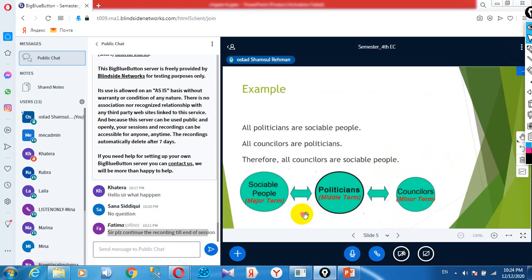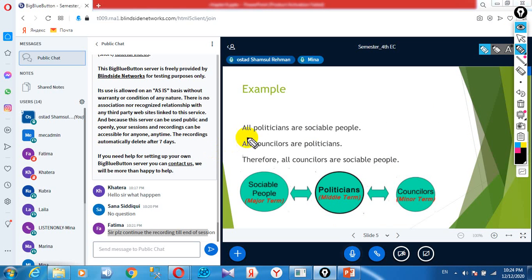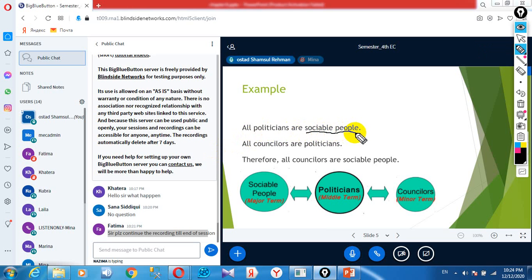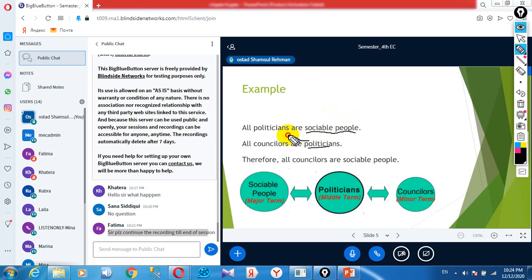Here I have taken: all politicians are social people. All counselors are politicians. Politician is the middle term.